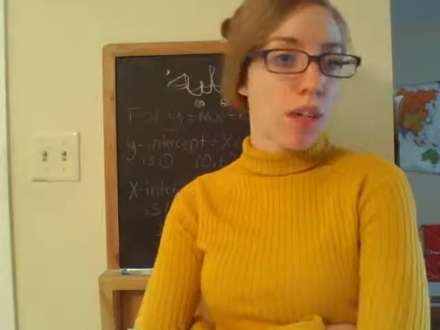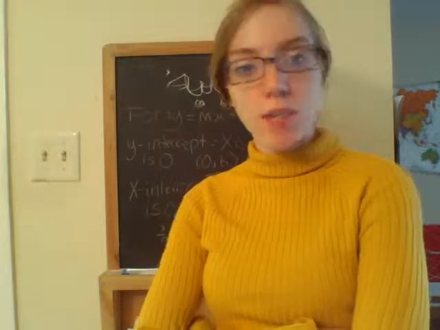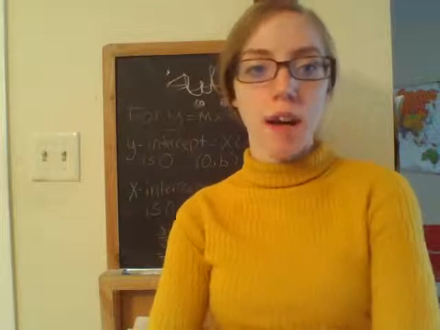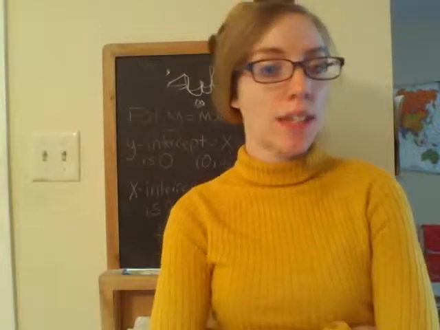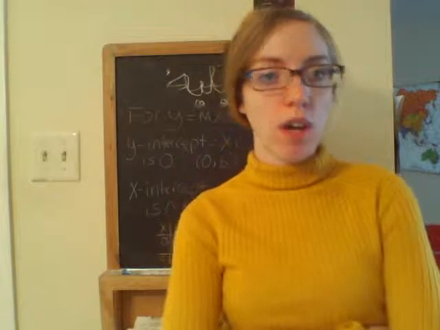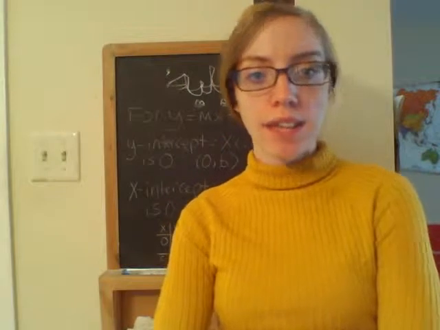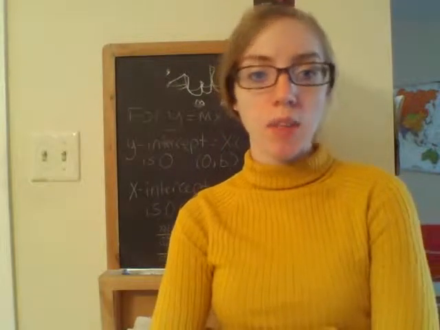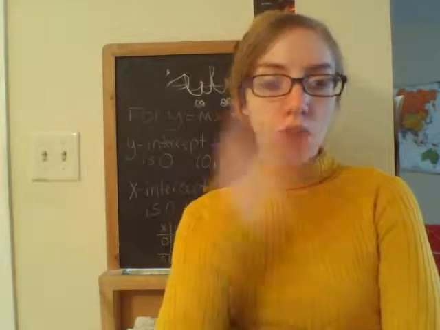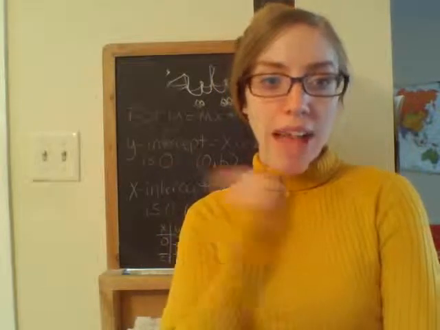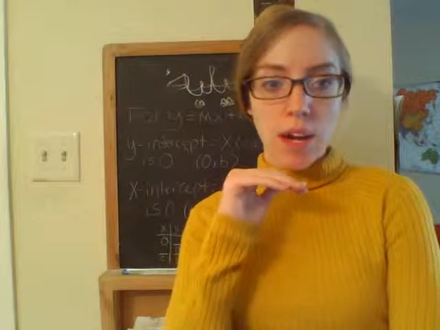So another important couple of definitions I'm going to share with you are what a y-intercept is and an x-intercept is, because most often we are going to have to solve for those two things, and that's basically where those two points are. The y-intercept and the x-intercept are where the line crosses through those axes.